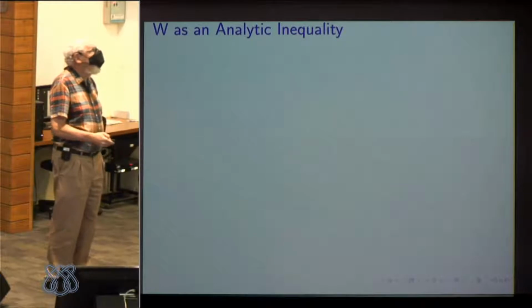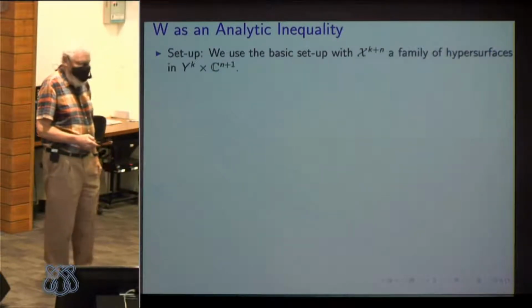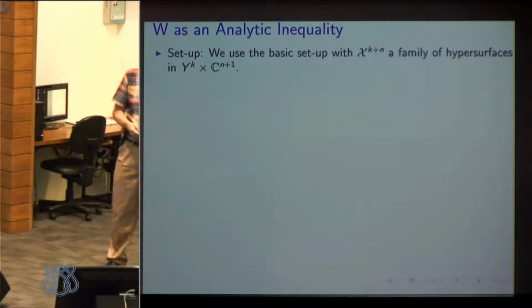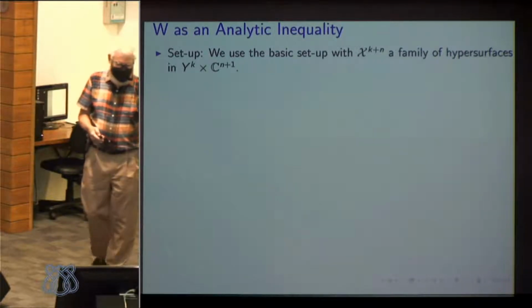Well, W has an analytic inequality. So we want to use the basic setup with X, a family of hypersurfaces, in Y, C^k cross C^(n+1).